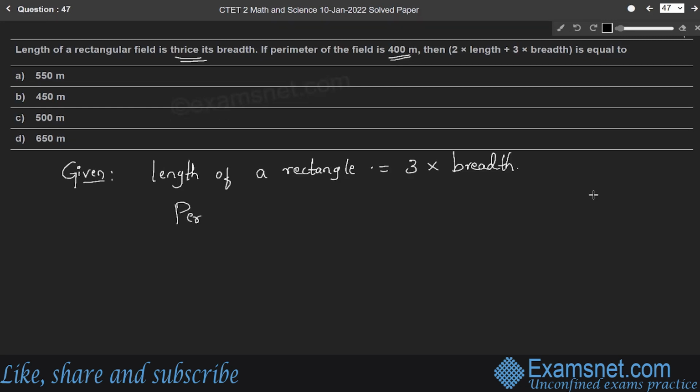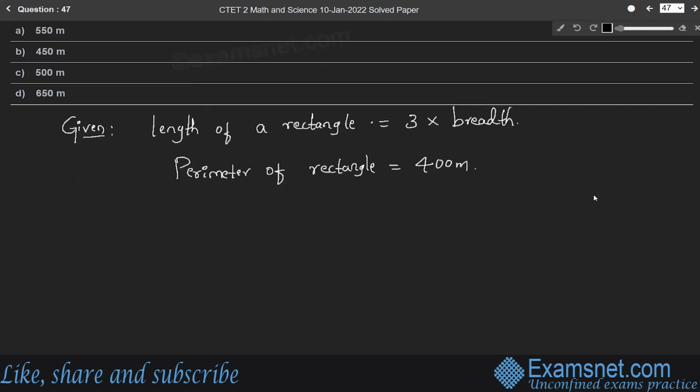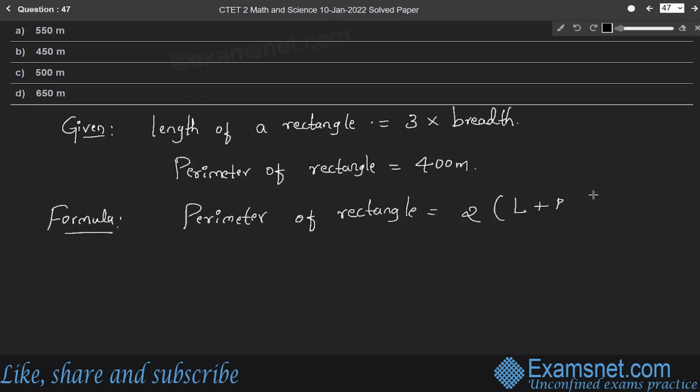And perimeter of rectangle is equal to 400 meter. Here, formula to be used. So we have to find perimeter. Use the formula perimeter of rectangle is equal to 2 times length plus breadth, right? So calculation.